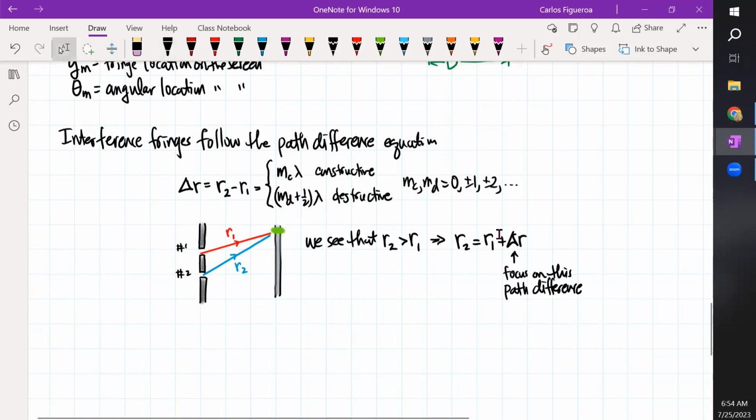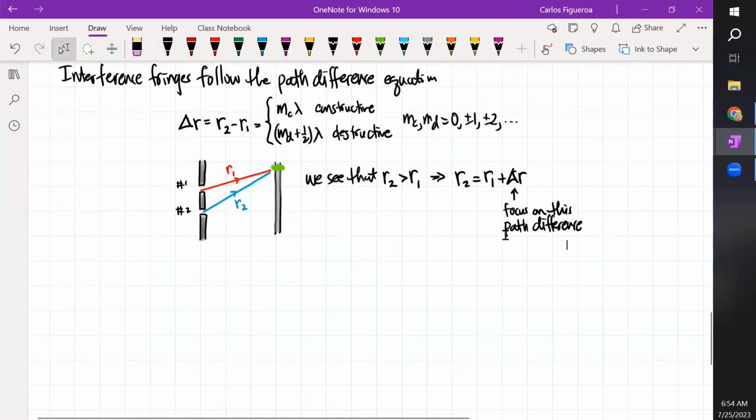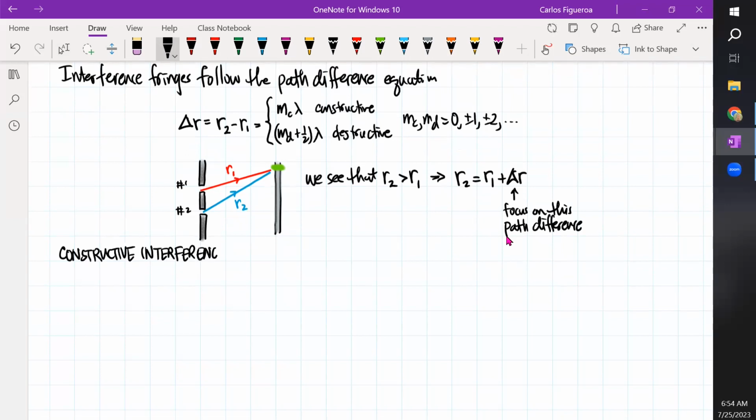So let's look at that path difference. If I look at that path difference, we could then say that we have constructive interference. What do I mean by the statement? If delta R is equal to 0, then that means that R1 and R2 travel the same path, the same distance.